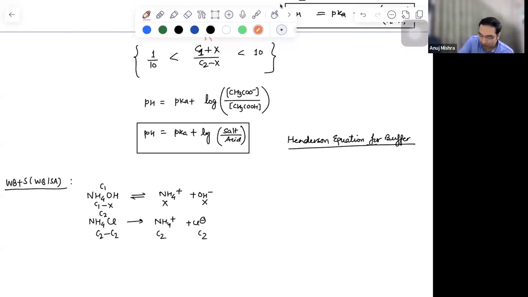Common ions will be written in both places. So net NH4 plus is C2 plus X, NH4OH is C1 minus X. Now you will say Kb of this reaction equals NH4 plus OH minus upon NH4OH. What is that? C2 plus X divided by C1 minus X, into OH minus.